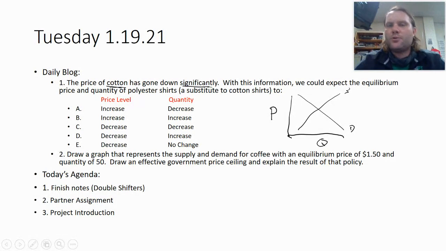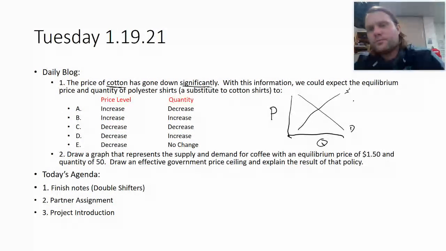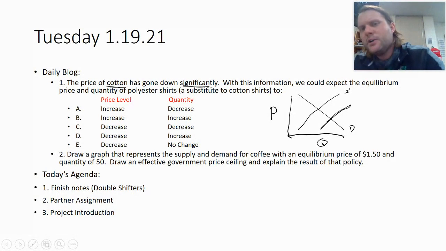I'm going to connect the dots real quick: I'm going to buy more cotton shirts. For cotton shirts, we're going to see an increase in supply of cotton shirts as an input of production. So cotton shirts are cheaper. So what's that going to mean for the demand for polyester shirts?